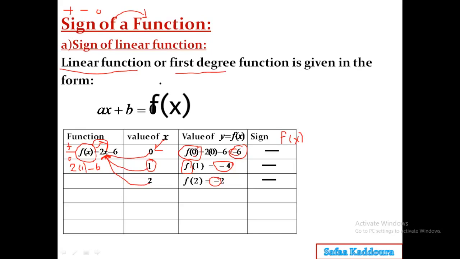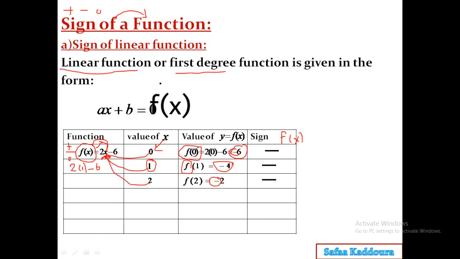When x equals 1, the sign is negative. When x equals 2, the sign is minus. These values, minus 6, minus 4, minus 2, are the values of f of x, and 0, 1, 2 are the values of x.